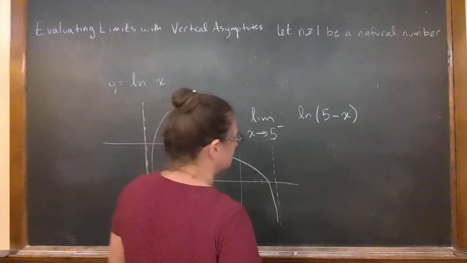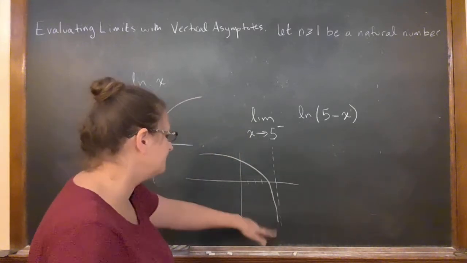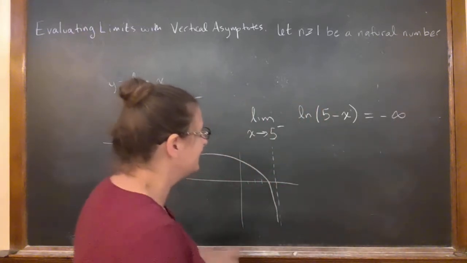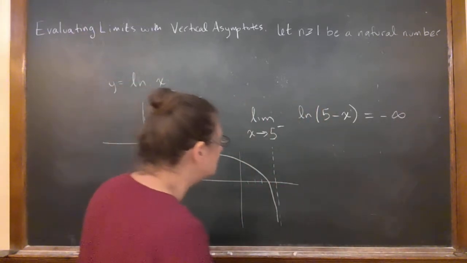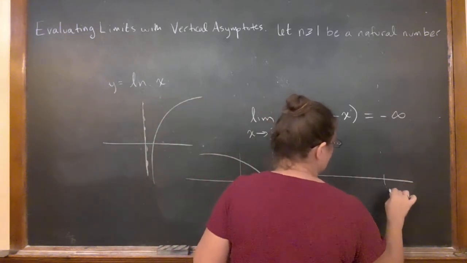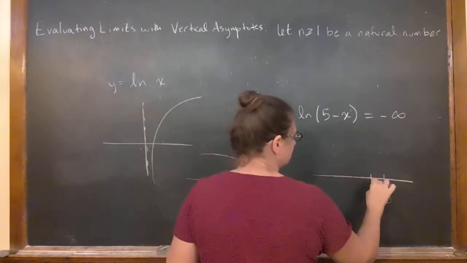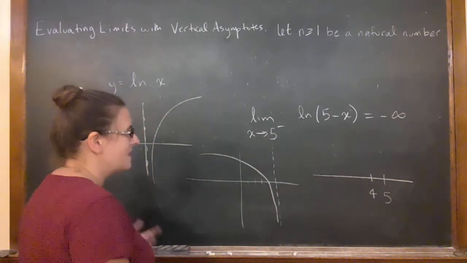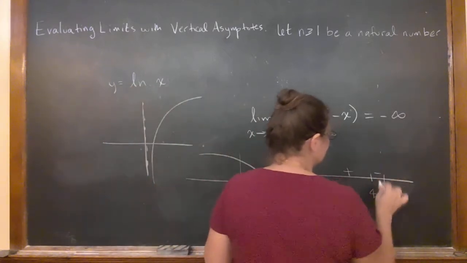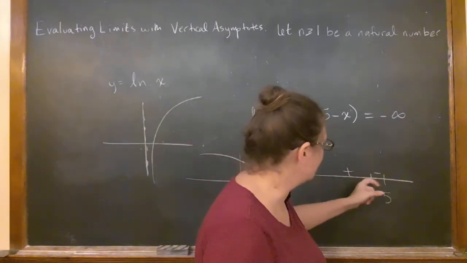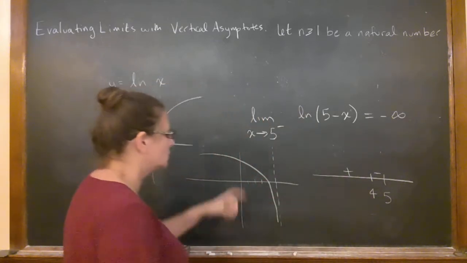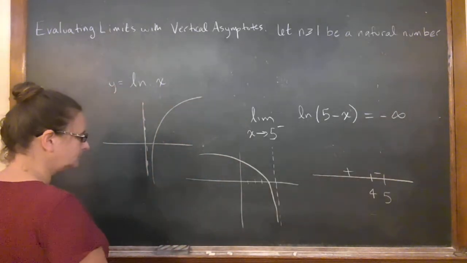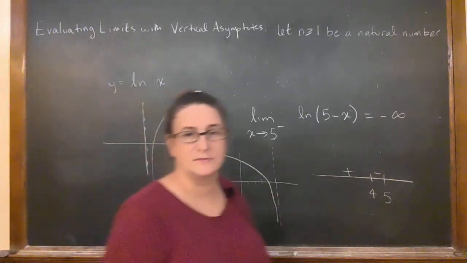So graphically, I can see that the limit is going to negative infinity. Or if I do a sign chart, the function is 0 at x equals 4 because natural log of 1 is 0. And so my sign chart is like this. So I can see that as I'm going from the left, I'm going to negative infinity. So either way would tell me that that's negative infinity. So it just gives you some idea.